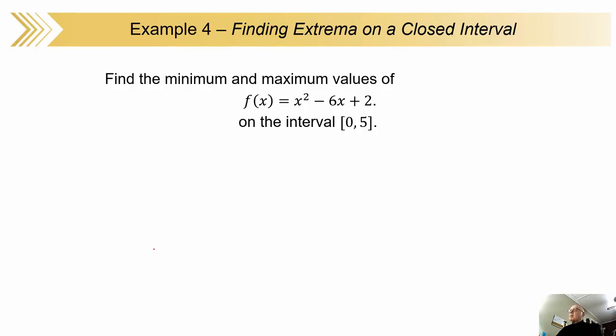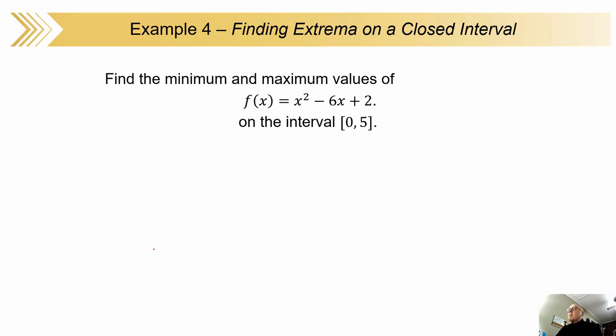Maybe you're a leather worker, and you can make up to 5 purses per day. Well, you can't make a negative number of purses, so the interval starts at 0 because you maybe make 0 today. Maybe you make as many as 5, but you know you could never make 6 or more. So there's your interval and the reason for it.